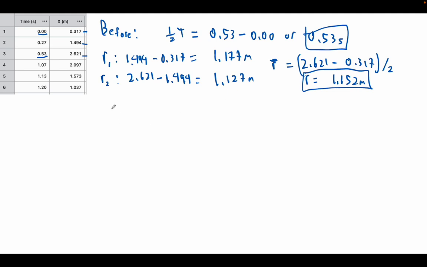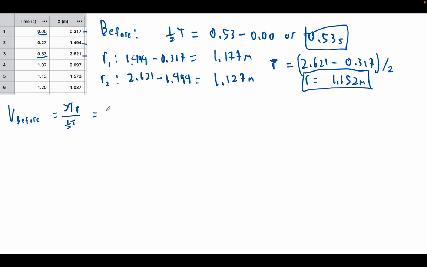And now if we want to figure out the velocity before, since it's a half period, that's just going to be pi times the radius over the half period, right? This is just 2 pi r over T. This is half circumference divided by half the period, right?